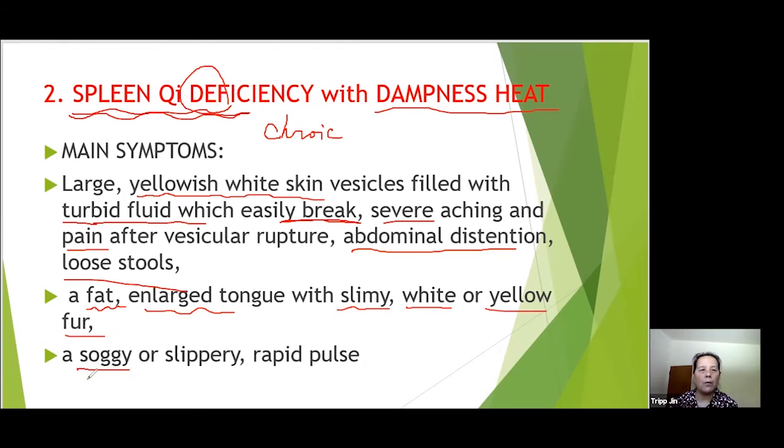That is basically a dampness or fluid retention kind of pulse, still a dampness retention pulse. And rapid means heat. So that's the combination damp heat pattern.